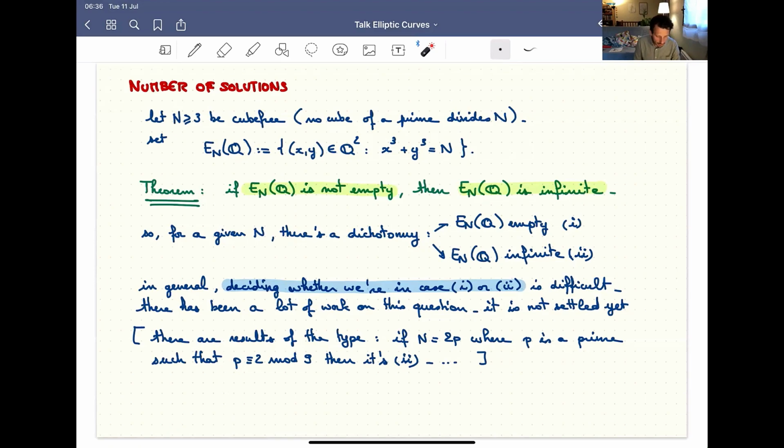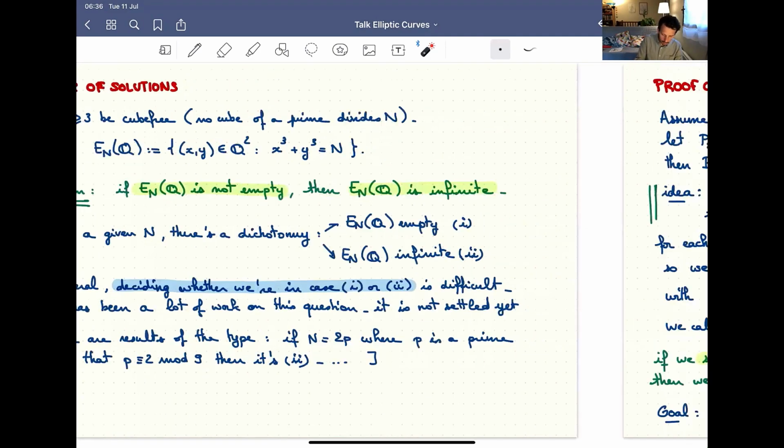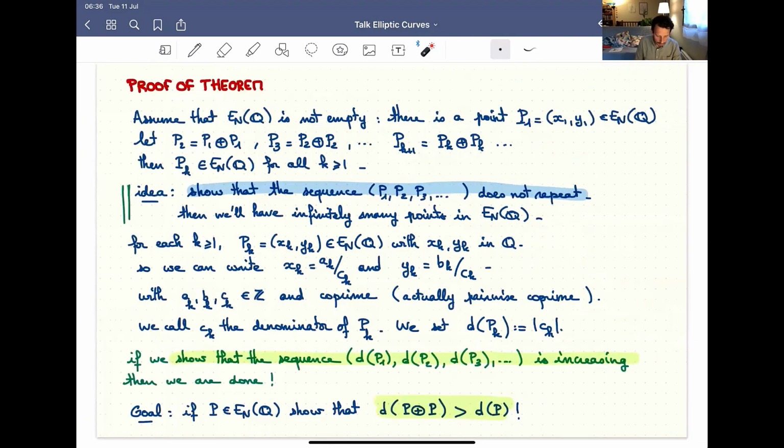And I'm not sure I have time to prove this theorem, but I can tell you a bit about what goes into the proof. Okay, so maybe I will have to skip some of the details here. What we want to show is that if the set of solutions is not empty, then there are infinitely many solutions. And we use what we did before. We use this operation plus, and we use the geometric point of view on the question.